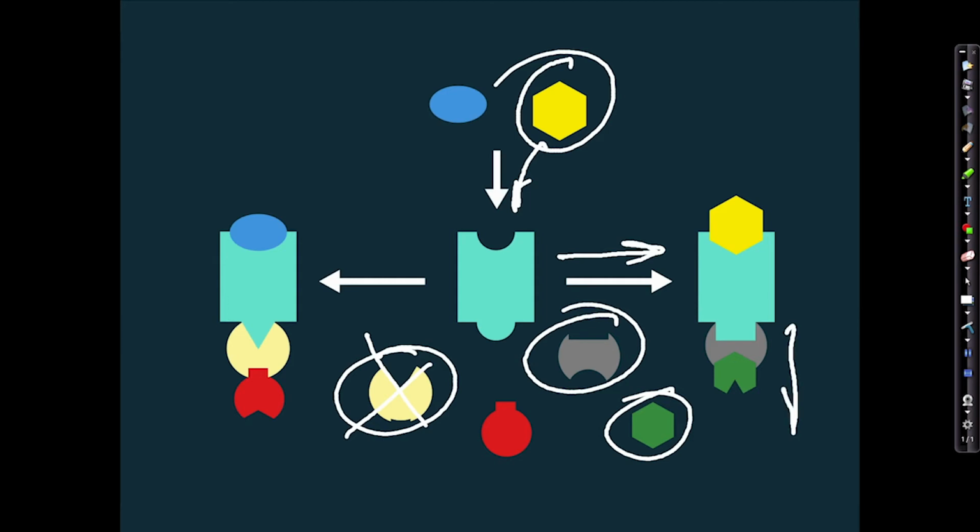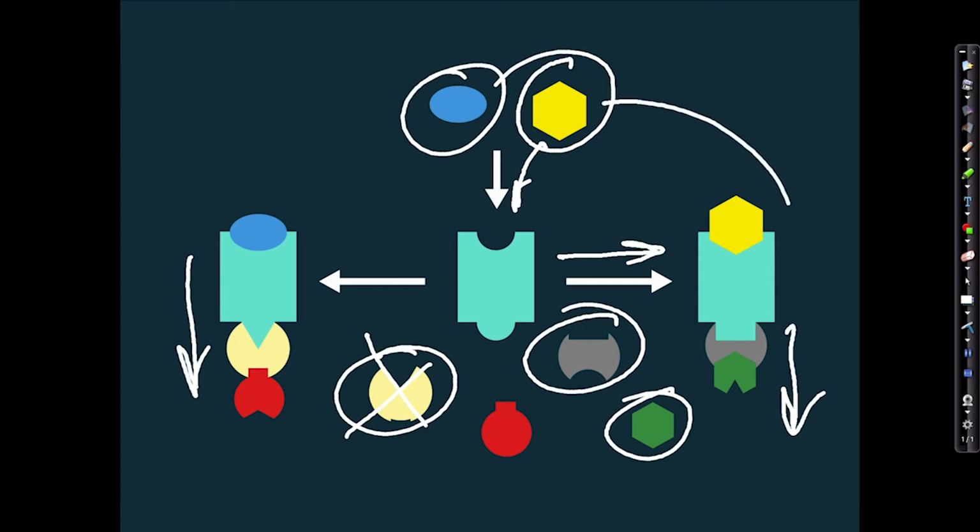So you get, again, the activation of an intracellular signaling pathway, but a different one. So the blue agonist activates this signaling pathway, whereas the yellow agonist activates this other intracellular signaling pathway.